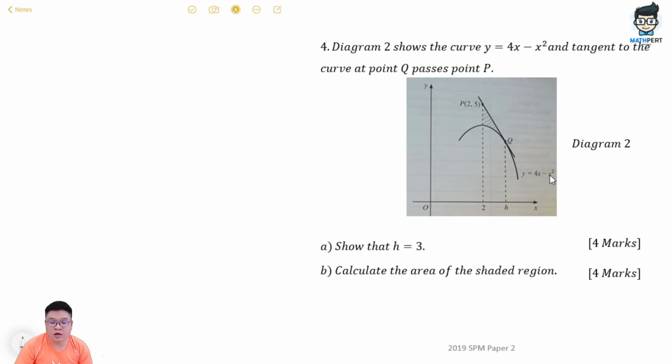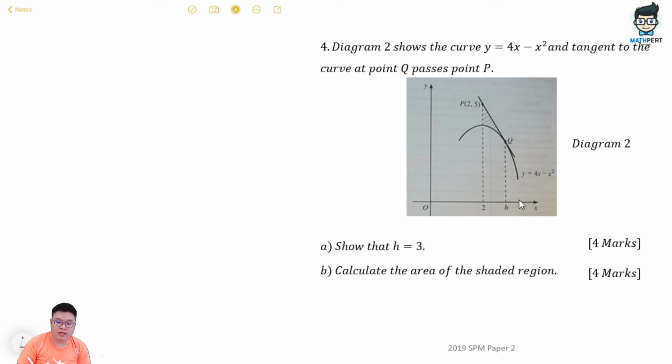So if we can find the coordinates of Q, we can get h and prove that h is equal to 3. To find Q, we need to solve the straight line and the curve simultaneously.